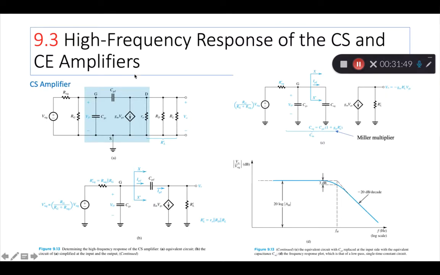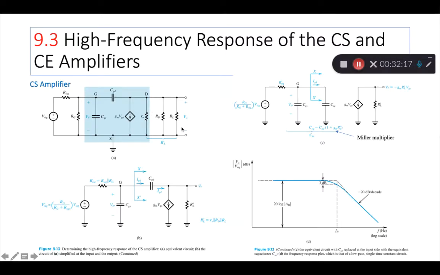We obviously take the device shown in the middle in blue. We have a signal source, and we know the signal source will have an internal resistance R signal. There will be a gate resistance for biasing purposes. Similarly, that's on the input side for a CS amplifier. This is a MOSFET amplifier.